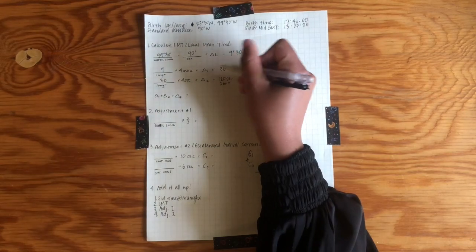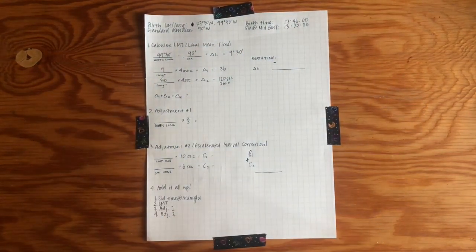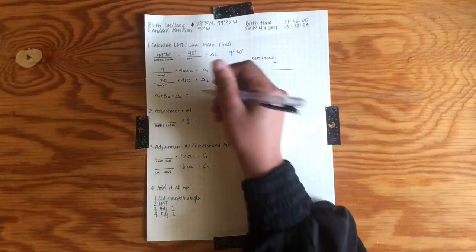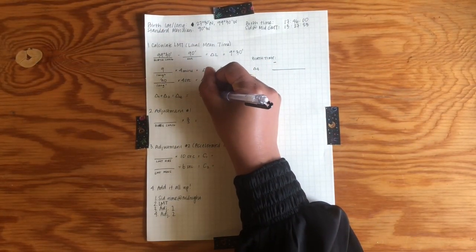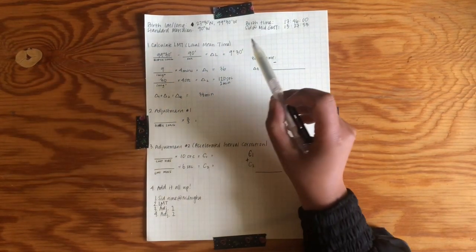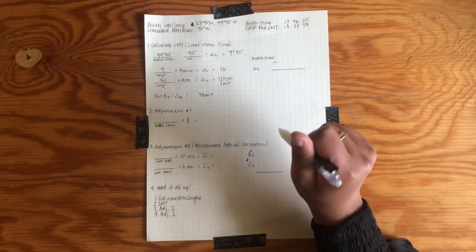So delta 1 is the 36 minutes, delta 2 is the 120 seconds, so delta 1 plus delta 2 is equivalent to that time shift, and we get 38 minutes. This is the amount of time that the birth longitude is later than the standard meridian.